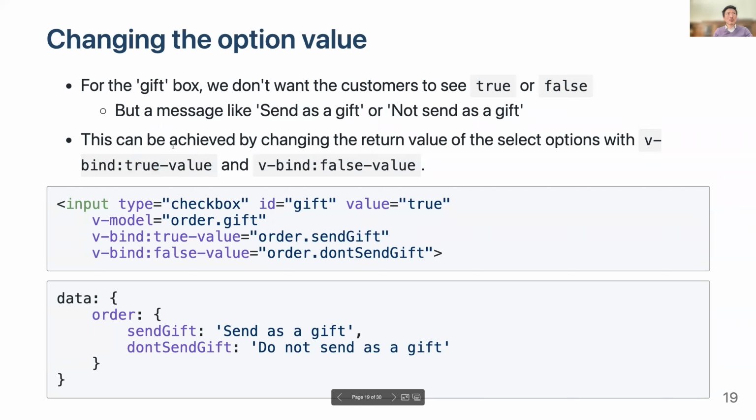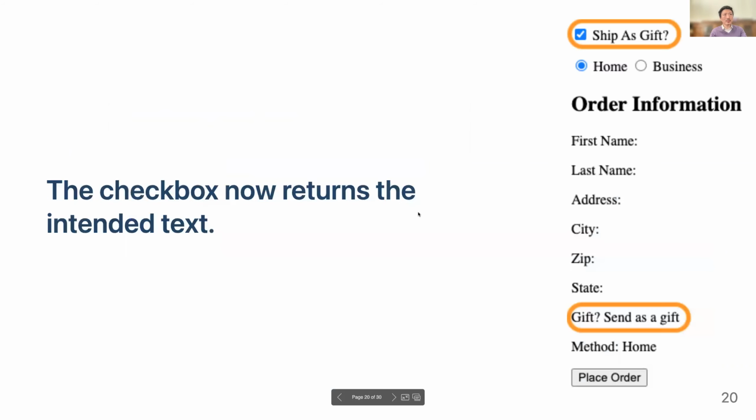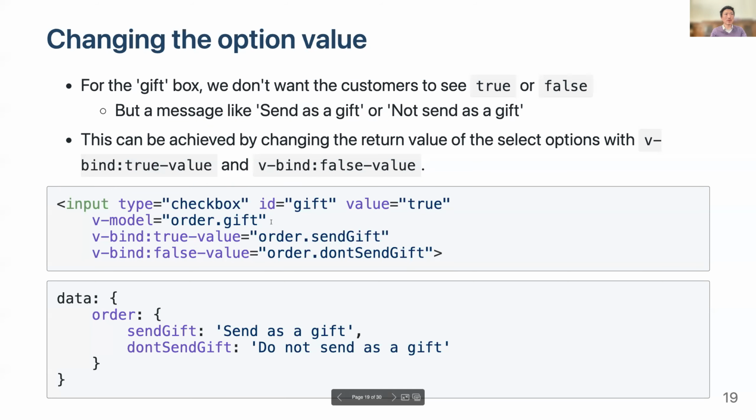Okay, so by default it will return true or false, and now you change it with v-bind, essentially just as you change a property of the HTML element. So you say when it's true, I want to return something different. And when it's false, instead of just a text false, or just a false value, I want to send something different.